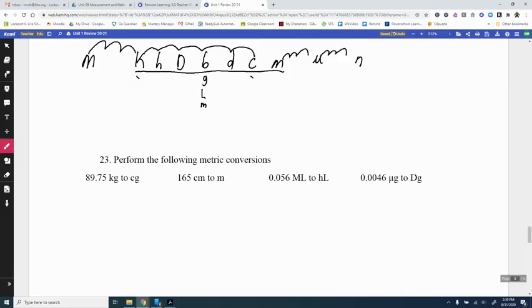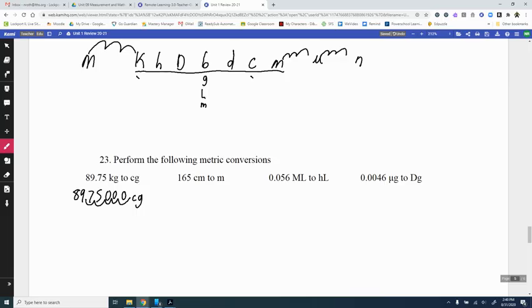So we have to do the same thing with our decimal: move it from the left to the right. So if we have 89.75, we move it 1, 2, 3, 4, 5 places to the right, fill in those places with zeros, and that's our new number. Don't forget units.